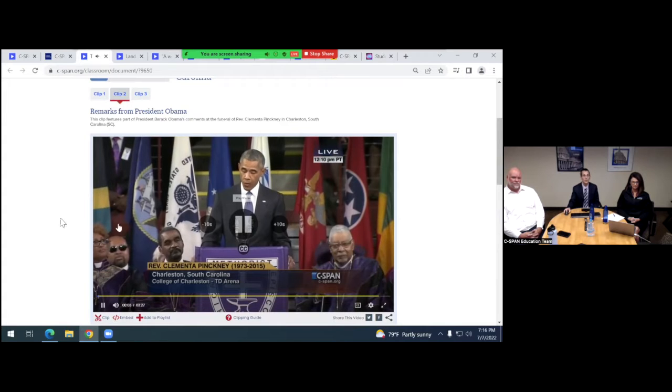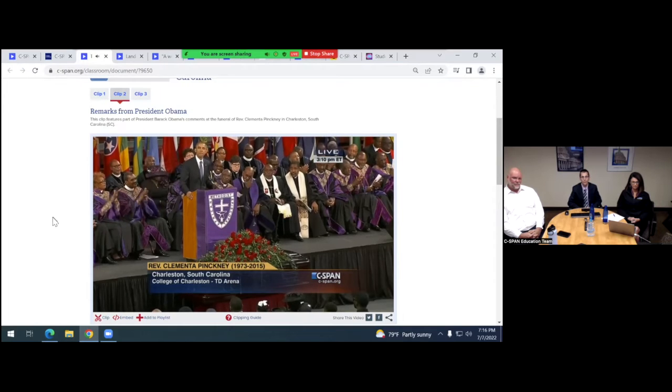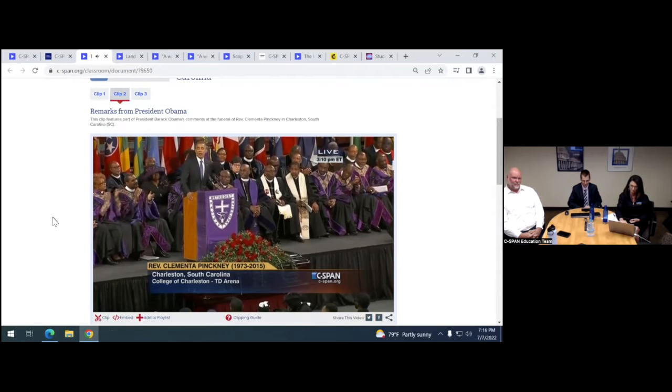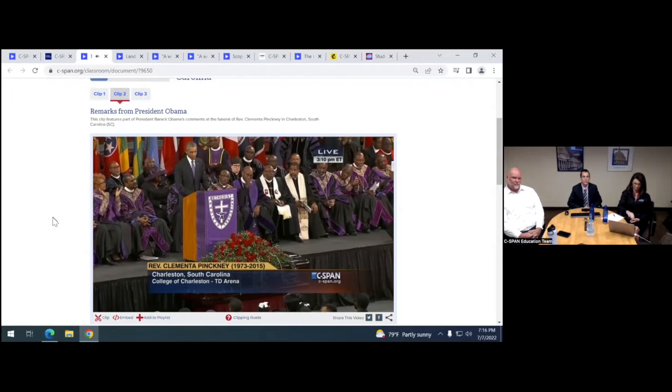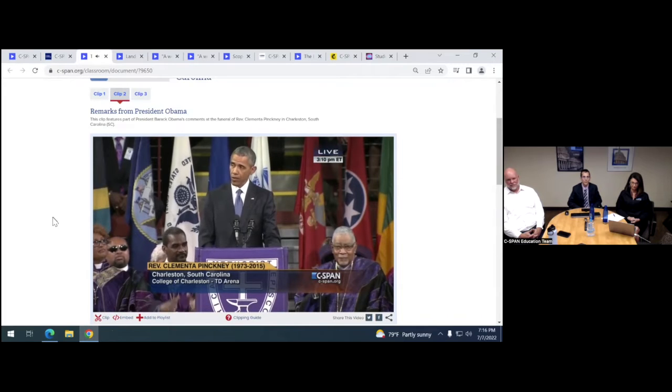For too long, we were blind to the pain that the Confederate flag stirred in too many of our citizens. It's true, a flag did not cause these murders. But as people from all walks of life, Republicans and Democrats, now acknowledge, including Governor Haley, whose recent eloquence on the subject is worthy of praise.